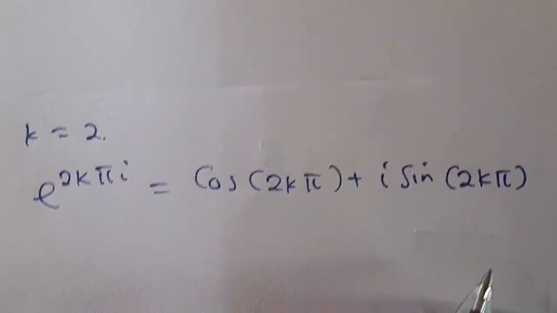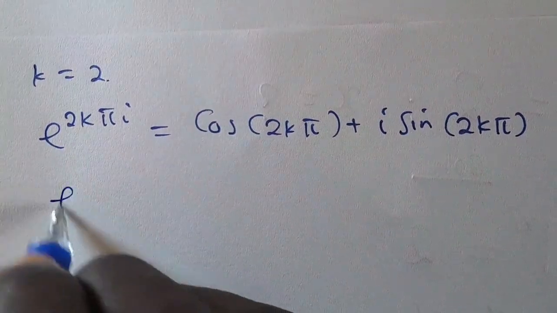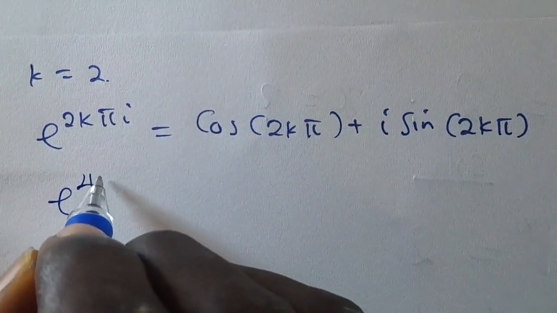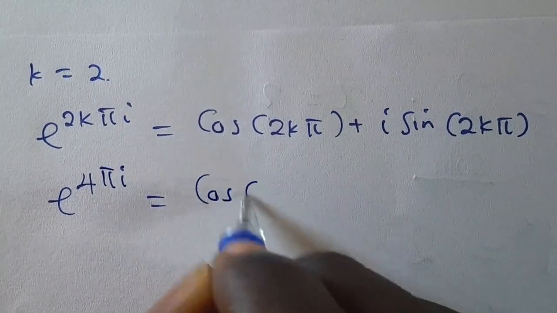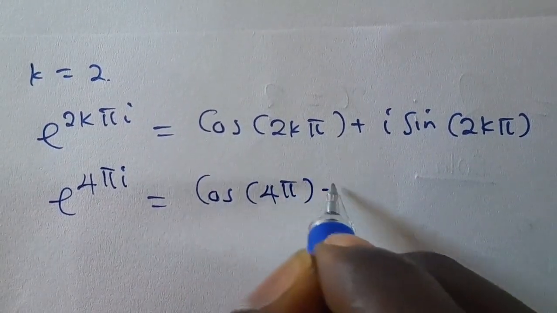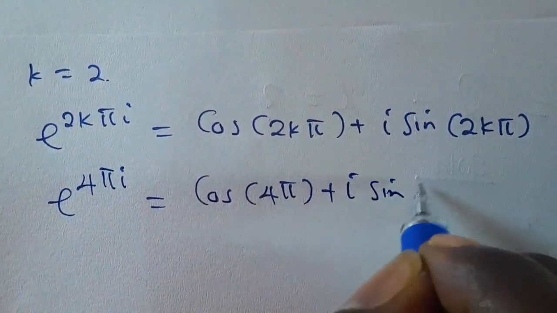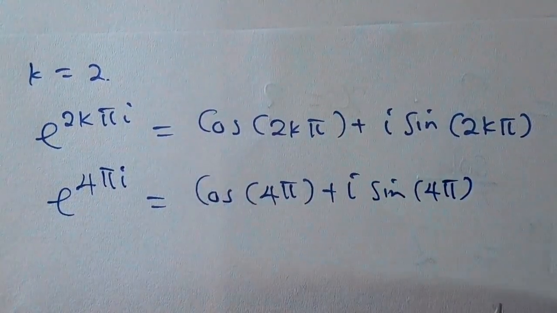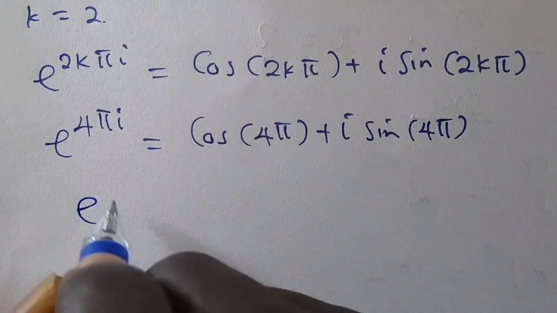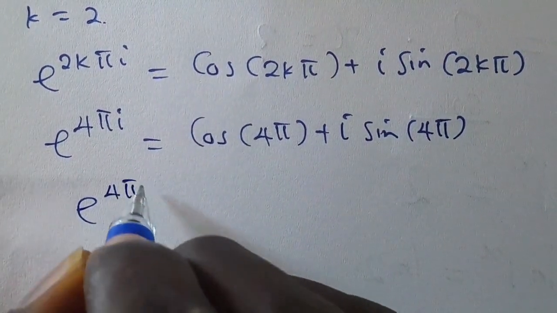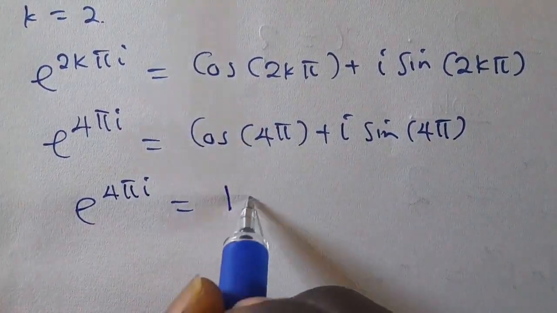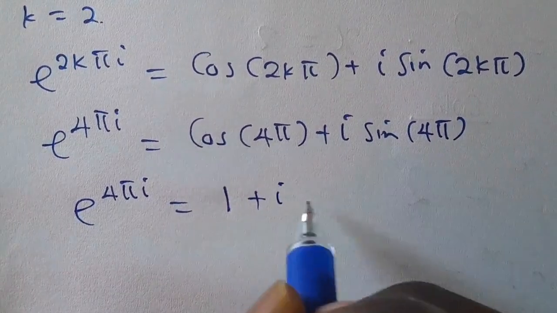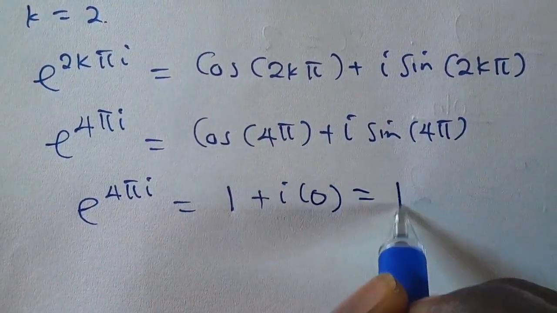So from here we have e to the power of 4 pi i equals cos of 4 pi plus i sine 4 pi. So e to the power of 4 pi i equals cos 4 pi, which equals 1, plus i sine 4 pi, which equals 0. This also gives us 1.